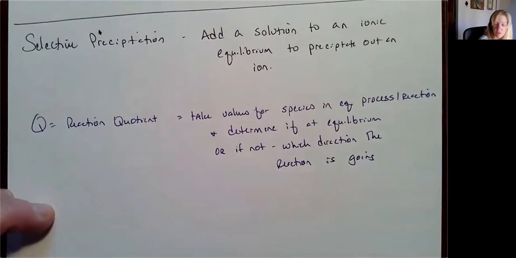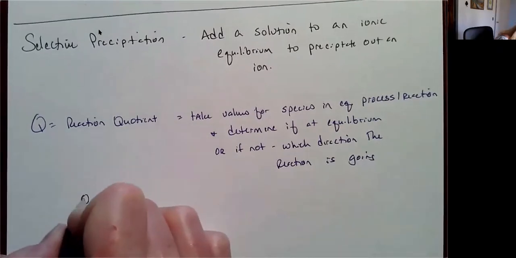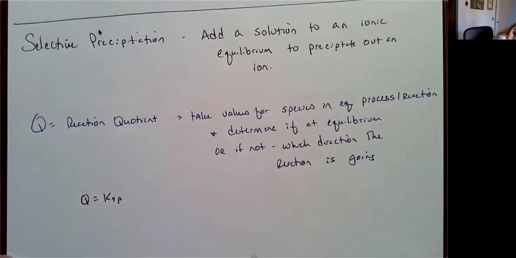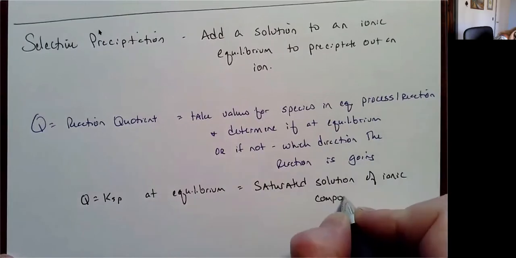Is it going forward or is it going in reverse? I'm going to apply this to Ksp. So if Q equals Ksp, then I'm at equilibrium and I have a saturated solution of my ionic compound.